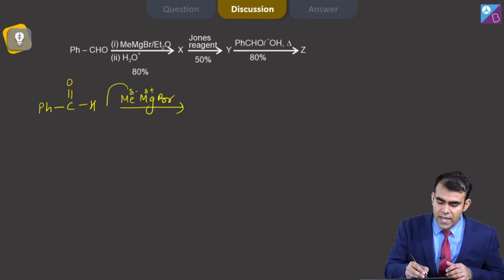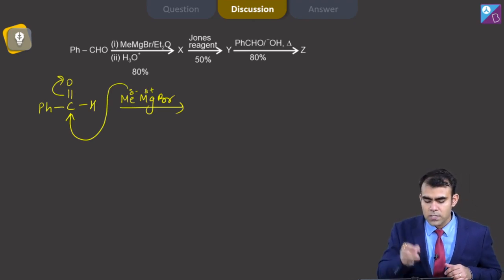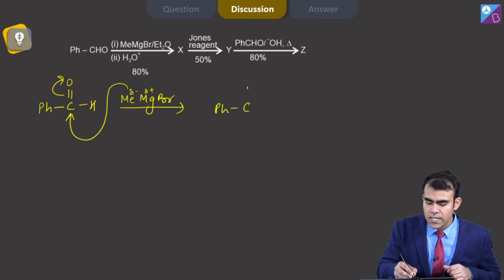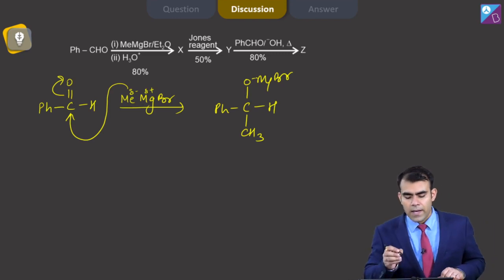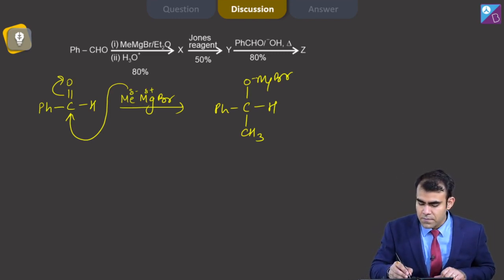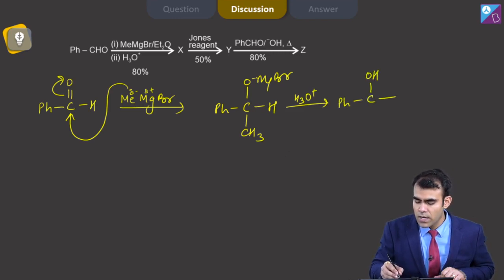This basically attacks on this carbon, and this pi bond moves here, or pi electrons move here, and we get PhCHO minus MgBr, and we have a methyl group here and an H here. Now after that, what happens? There is this H3O plus, so we will get a secondary alcohol here, and this is my compound X.